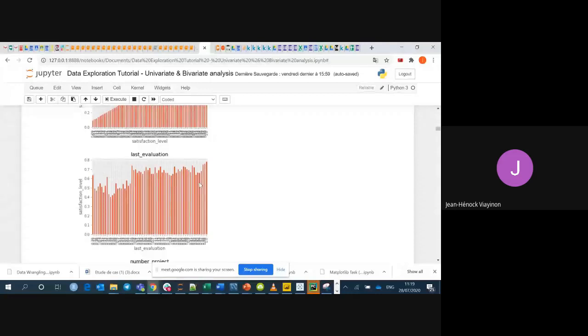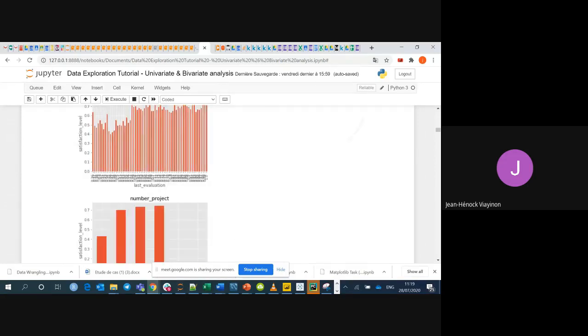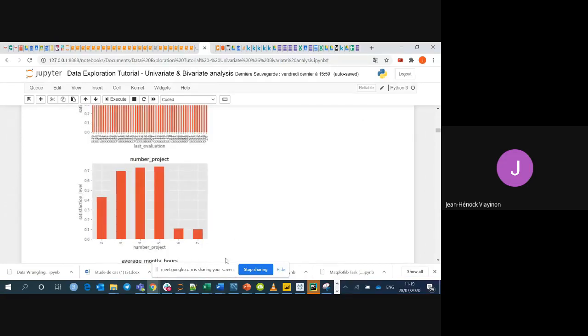This is a kind of bivariate analysis because it involves two variables: the satisfaction level and the last evaluation, and also the satisfaction level and the number of projects. So the most important variable is crossed with all the others to see how things are correlated with this one.